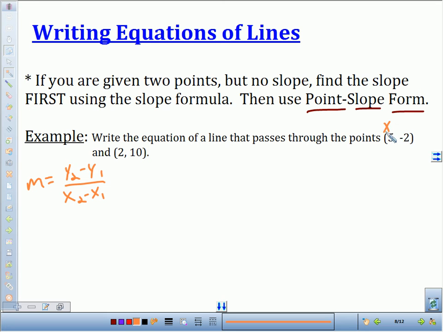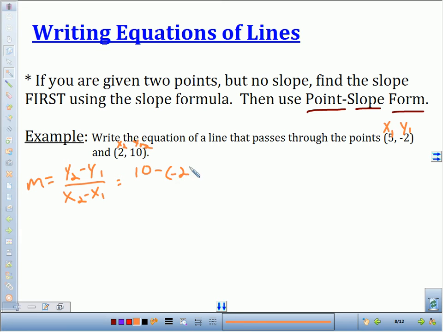I'm going to define my points. The coordinates of the first point (5, negative 2) are 5 and negative 2. So x1 is 5, y1 is negative 2. For my other point, 2 is x2 and 10 is y2. I've defined my points, so I plug them in. y2 is 10 minus y1 is negative 2.